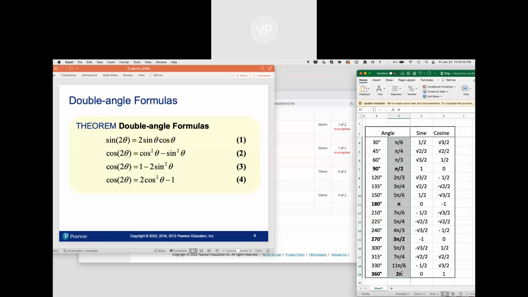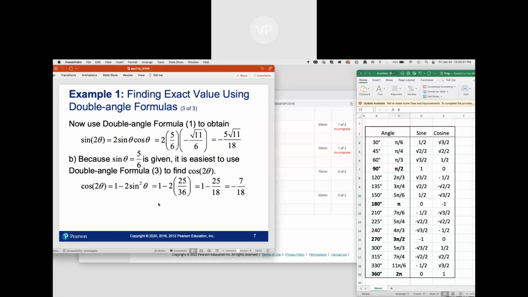Okay, now a lot of the 7.5 and the 7.6 sections, because we're doubling and halving our angles and doing things with the angles, you'll see a lot of examples with the degrees, and that's mainly just to give you a better, quick understanding of them. But all of these formulas, realize they do apply. You know, if I have a pi over 3, or sorry, a pi over 6 and I want to double it, it becomes a pi over 3, this formula will work the same. All right.